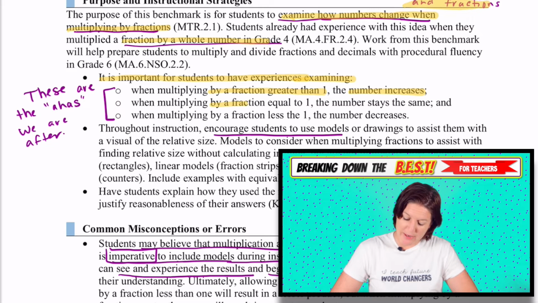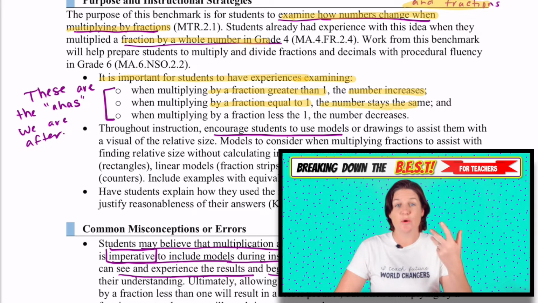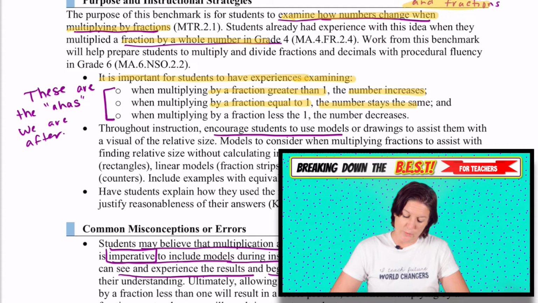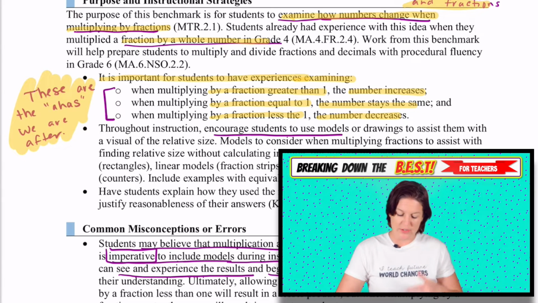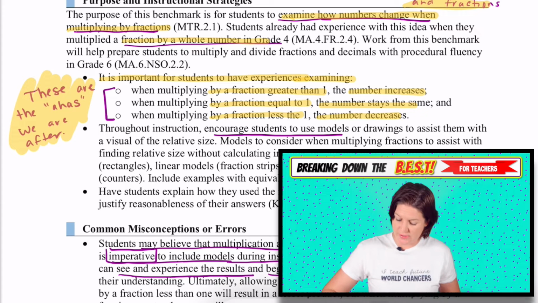When you multiply by a fraction equal to 1, the product is going to stay the same. And when you're multiplying by a fraction less than 1, the product decreases. So these are the ahas that we want to have. Okay, so let's see what these look like.